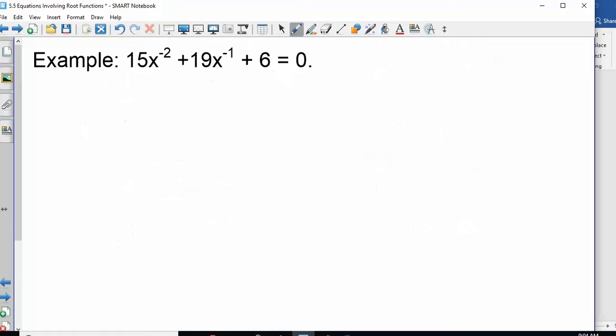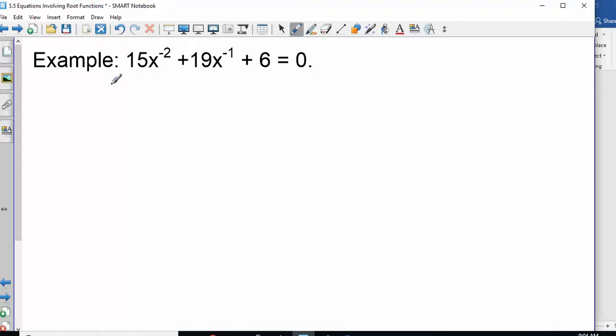Let's look at this one. If you don't like the negative exponent, we could rewrite it to have a positive one.